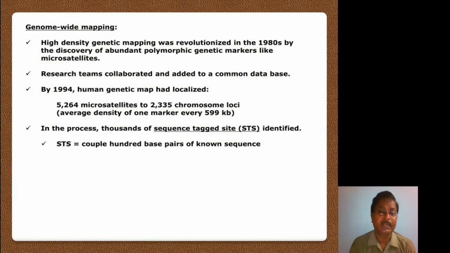In 1994, the human genetic map had localized almost 5,264 microsatellites to 2,335 chromosome loci, an average density of one marker for every 599 kilobase pairs. In this process, thousands of sequence tagged sites, STS, were identified. An STS is nothing but a couple hundred base pairs of known sequence.